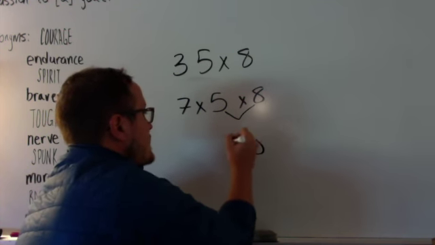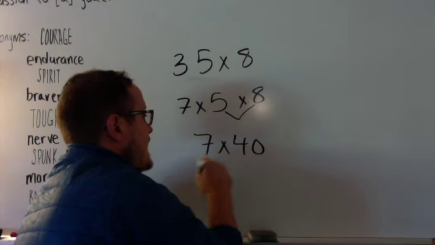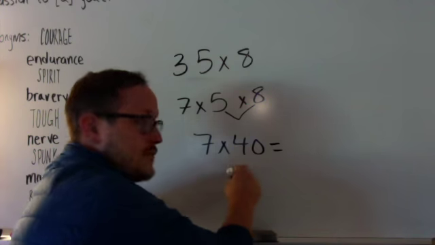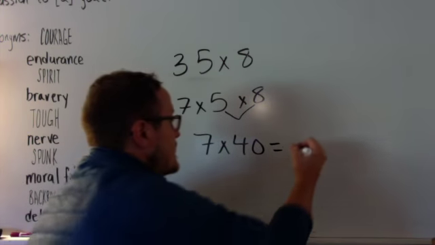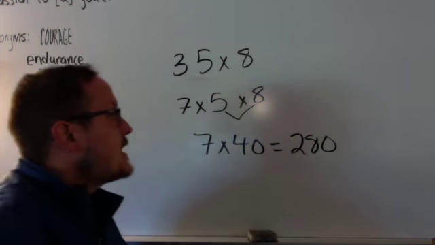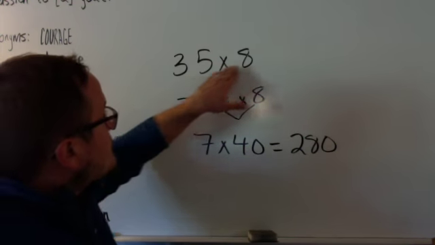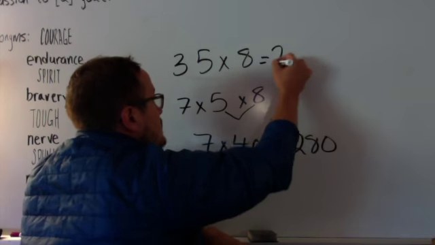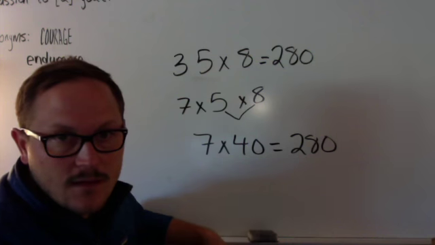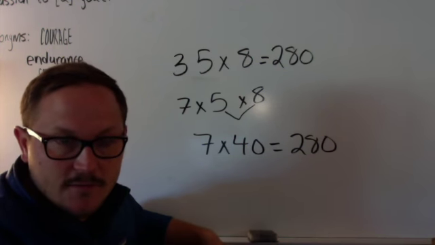Bring down the 7. And now I'm doing 7 times 40, or just looking at the known fact of 7 times 4. That's going to be 28. Add the 0, and I have 280. 35 times 8 is equal to 280. And we did it just by using some smart factoring.